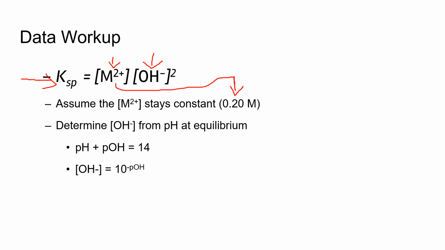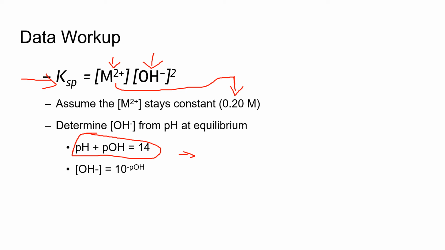Okay, and then when it comes to finding the concentration of the hydroxide ion, we have to record our pH and then use this formula right here to determine the pOH. So for example, if my pH is 6, then 6 plus pOH is 14, and my pOH would be 14 minus 6, which would then be 8.